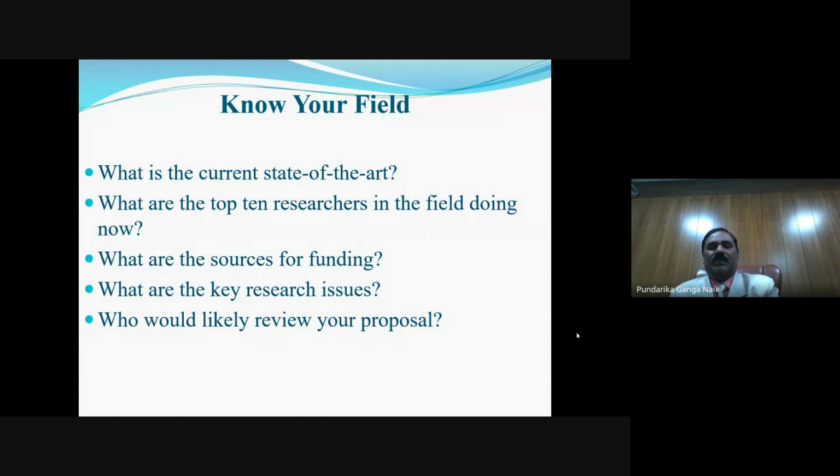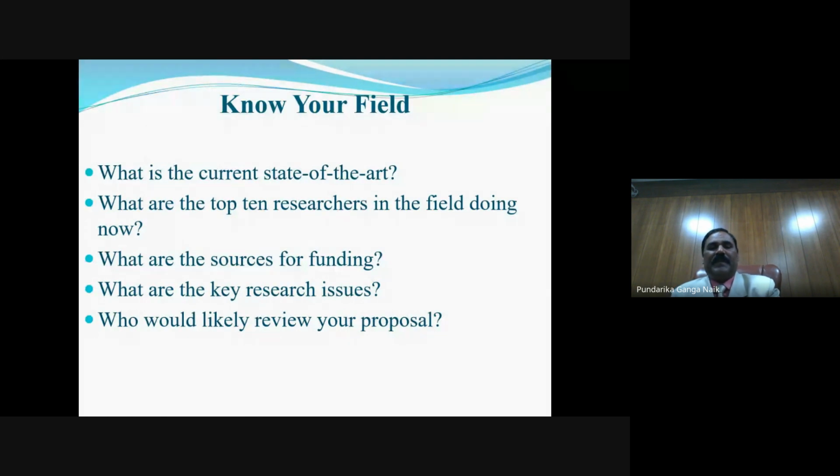And you must also have awareness of who is working in this field, who the top 10 researchers in this field are, what they are currently doing, and what their publications are. You must know up-to-date information about their publications, and what the sources for funding are for this kind of topic.